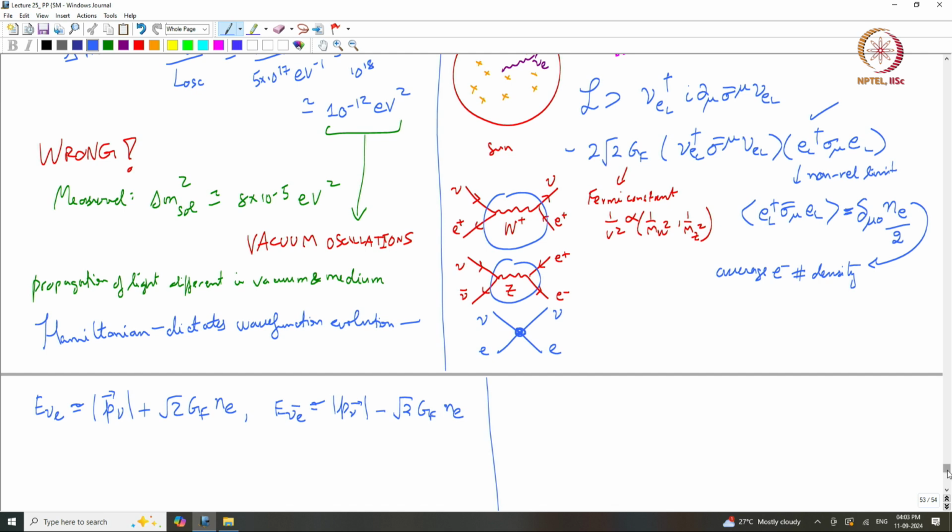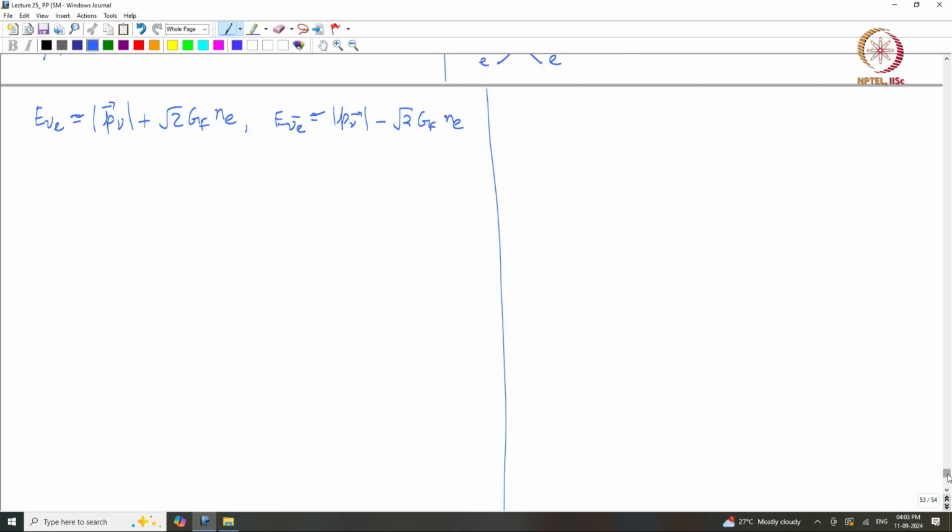That is how it physically manifests itself, and this part, this GF Ne, that bit, with the square root of 2, is called the matter potential. So, it comes from the medium, the matter through which the neutrino is propagating.